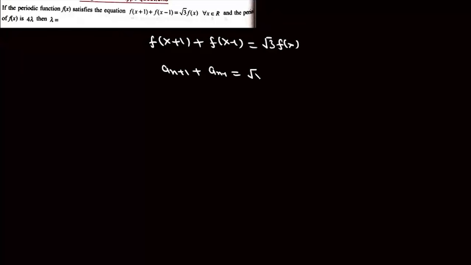Now another way of solving this question can be by finding its characteristic root. So what we'll do is we'll write this functional equation f(x+1) + f(x-1) = √3 f(x) as a(n+1) + a(n-1) = √3 a(n) for some fixed x.